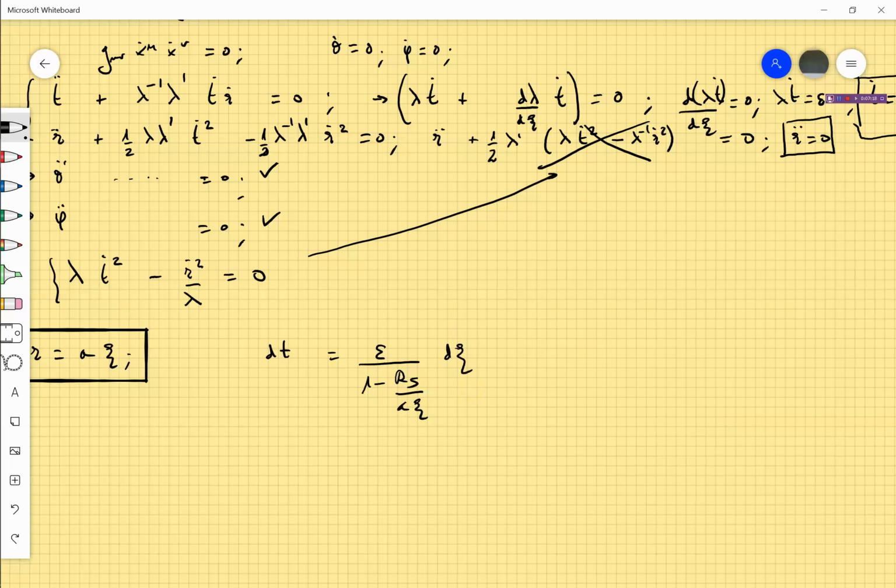But see that if I multiply and divide this by a, or if I multiply both terms by a, which is equivalent, and let me also divide by epsilon, what I have here is the integral of a d psi, and really this is d r over lambda of r. So I can rewrite my integral in terms of the new variable, or the old variable, r.